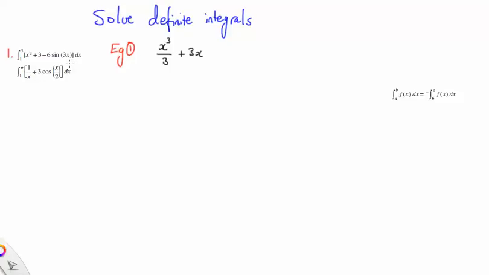Sine diffs to cos, so cos integrates to sine, so this is going to give us a negative somewhere. So keep the negative 6 out the front, the constant stays out the front, and then we're going to have negative 1/3 cos 3x, like that.